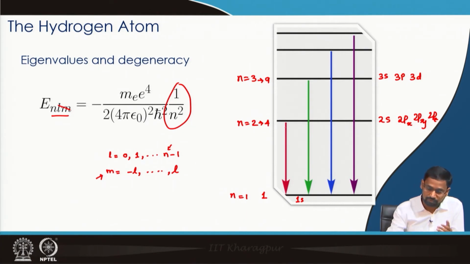Of course, when we have defined the eigenvalues, we can easily predict the emission spectrum by calculating the difference between the two energy levels, the starting energy level and the final energy level, and that energy separation corresponds to the place where our emission line appears.